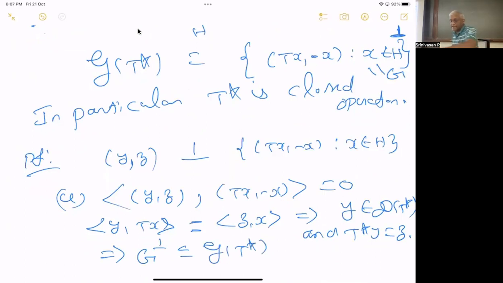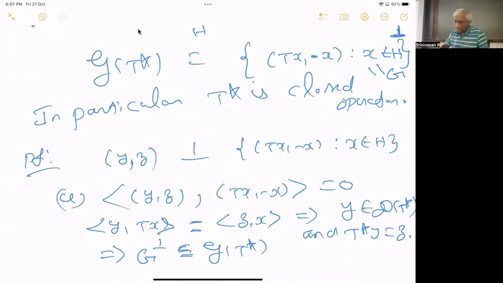You have taken an element in G perp, an element orthogonal to G, and then we said that it is in the graph of T star. I have taken an element (y, z). I just wrote the definition. That means y is in the domain of T star, and then T star y is exactly equal to z. That's what I proved by the very definition of the adjoint. So this implies G perp is contained in the graph of T star.